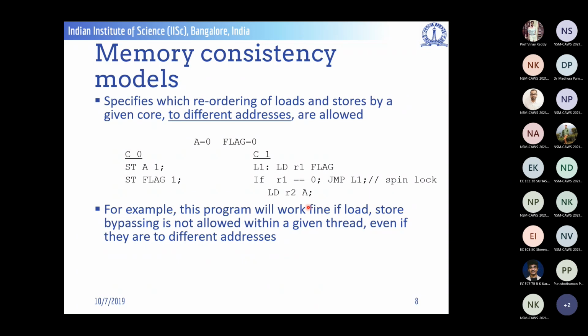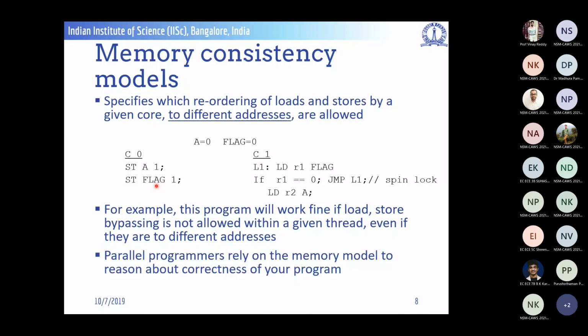It just happens that in some executions the ordering was the same, but it will not be guaranteed. So your program might run fine sometimes and fail at other times, which makes it really harder to debug. So understanding memory consistency models is very important for writing correct, quote unquote, multi-threaded programs. And parallel programmers rely on the memory consistency model to reason about the correctness of their programs.